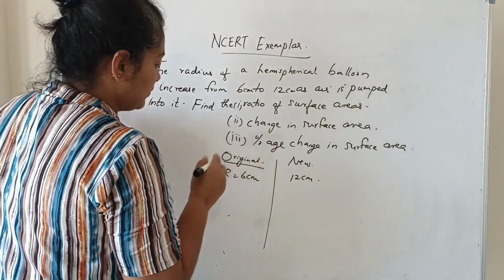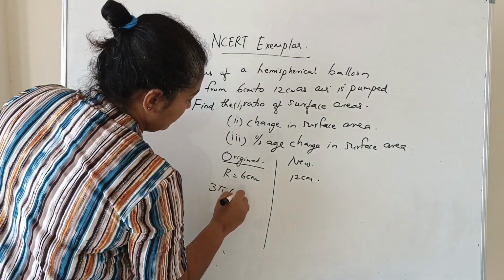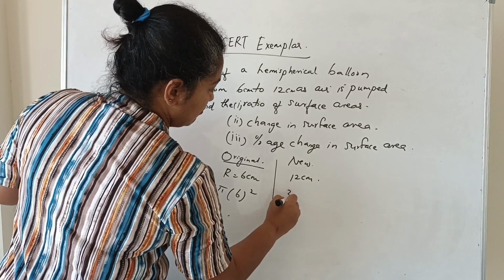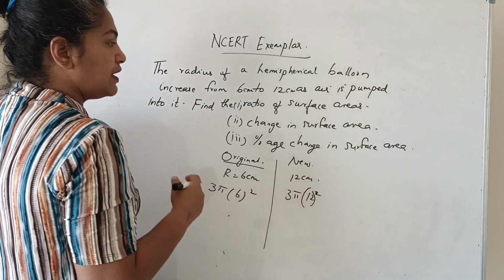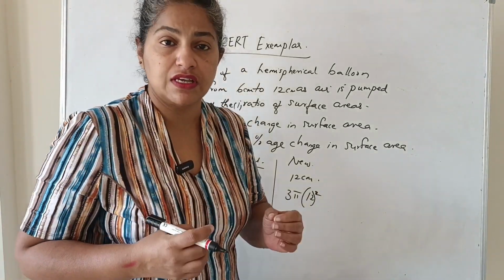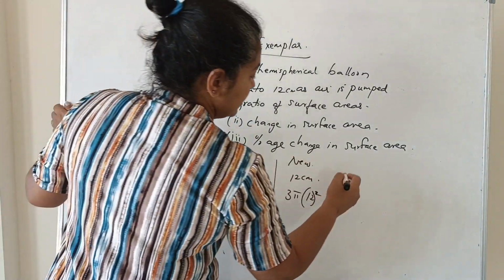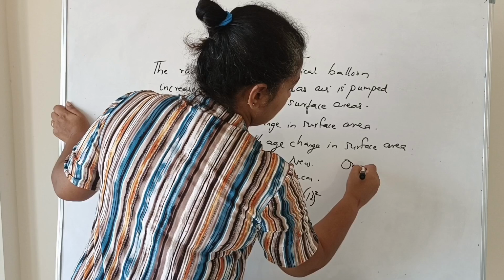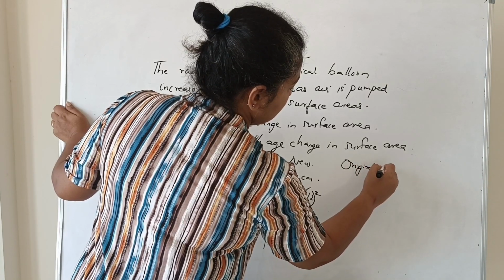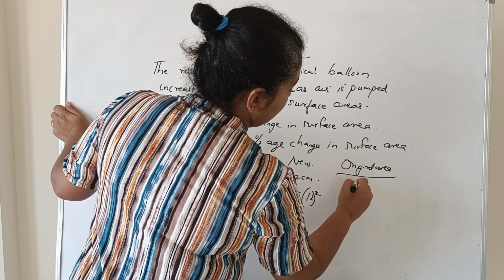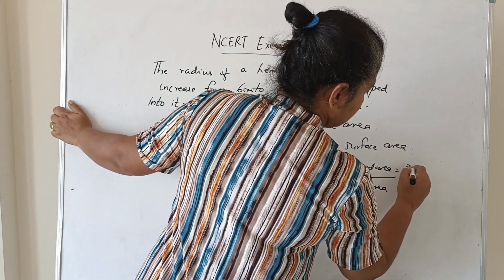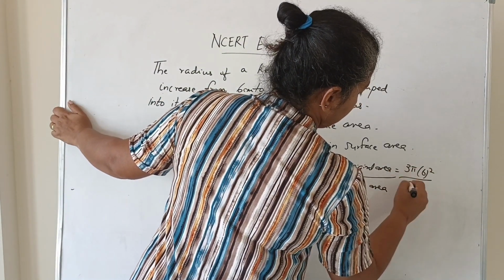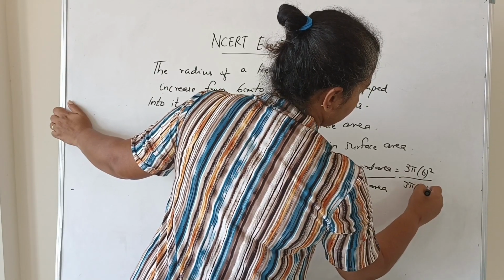My area in the first case will be 3 pi into 6 square. In the second case also, the formula is the same, but the radius has changed into 12 square. We need to find the ratio of the surface areas. So, original area by new area will be 3 pi into 6 square by 3 pi into 12 square.